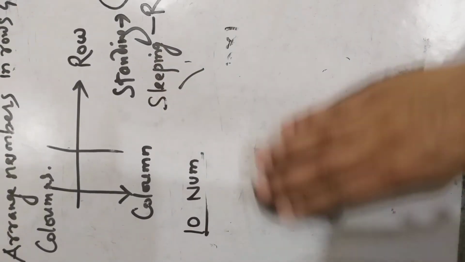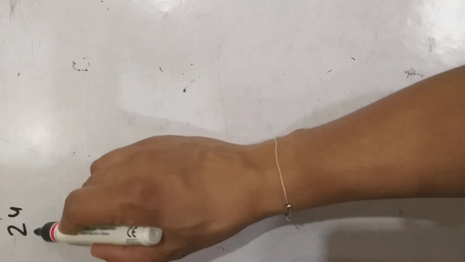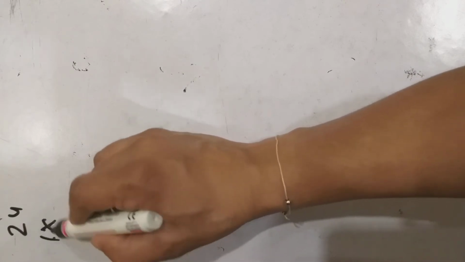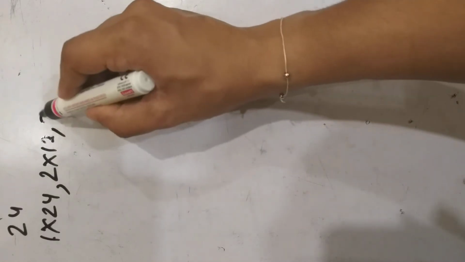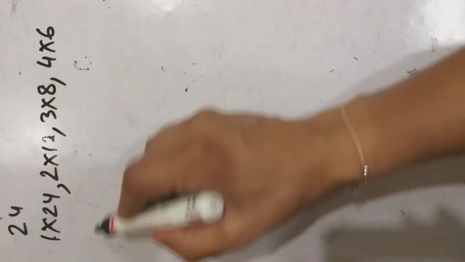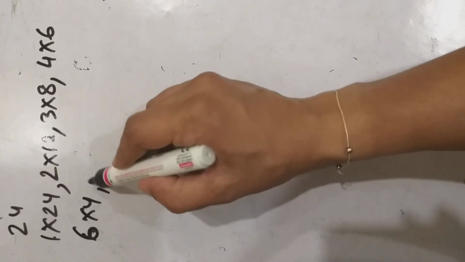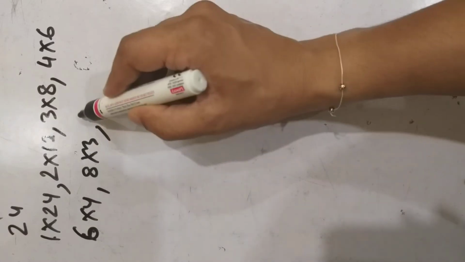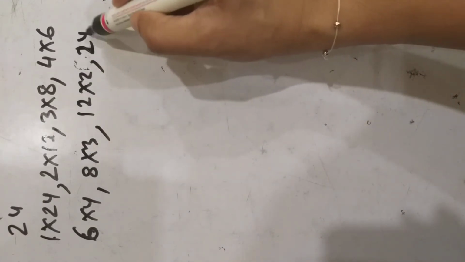So if you have 24 numbers, dear students, how do you arrange 24 numbers? Then 24's factors are 1 into 24, 2 into 12, 3 into 8, 4 into 6, 6 into 4, and similarly 8 into 3, 12 into 2, 24 into 1.